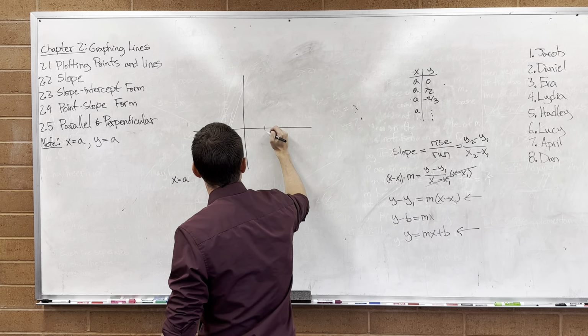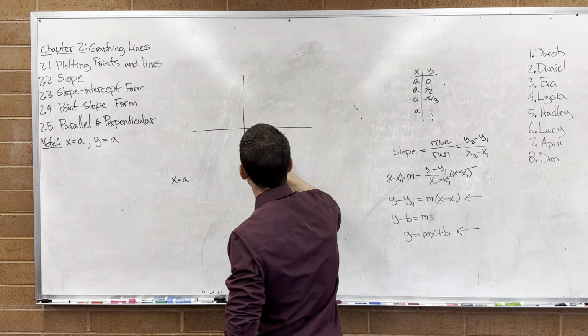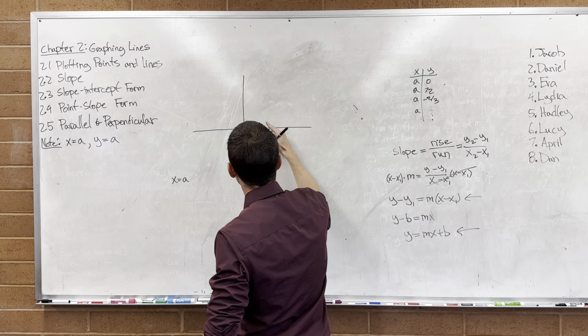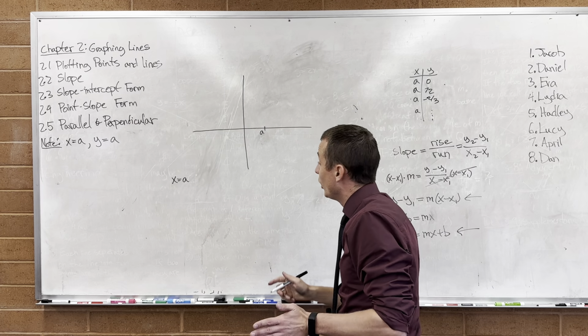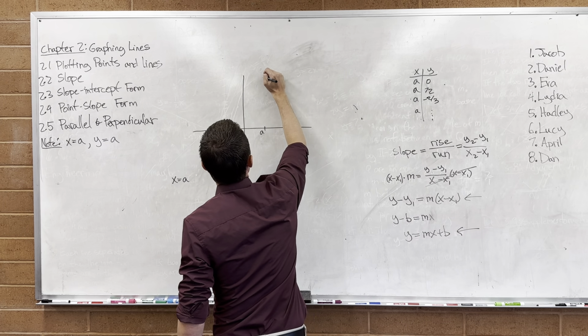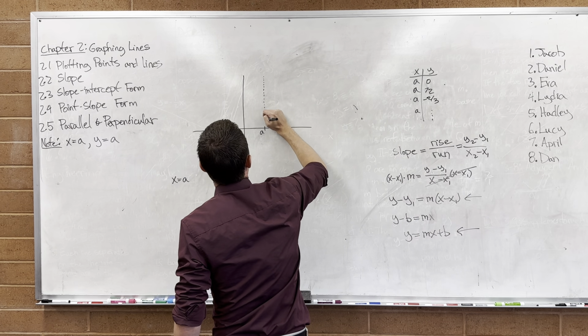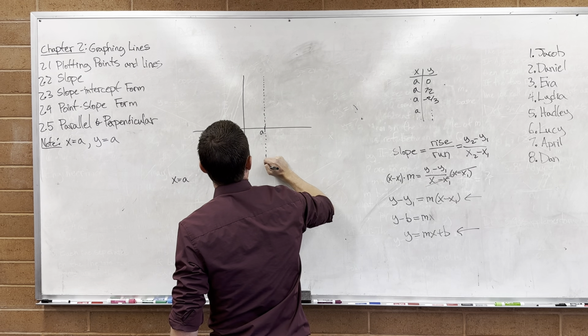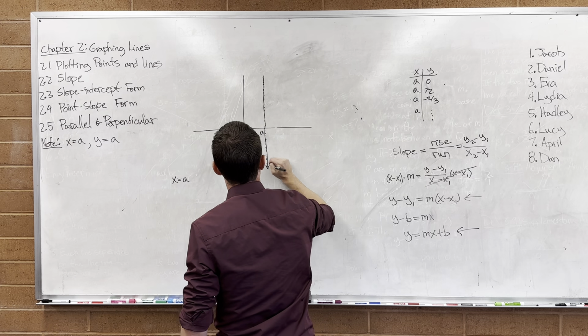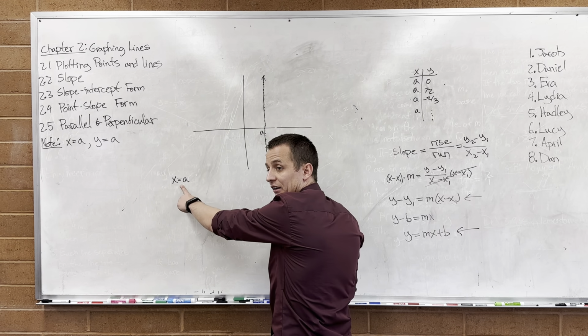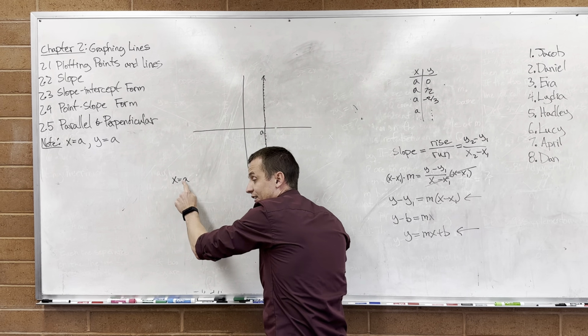If this is a on the x-axis, maybe shift it over here a little bit, all the points where x is equal to a are all these points. These are all the points that have x coordinate a. So x equals a, that's all the coordinates with a as their x coordinate.